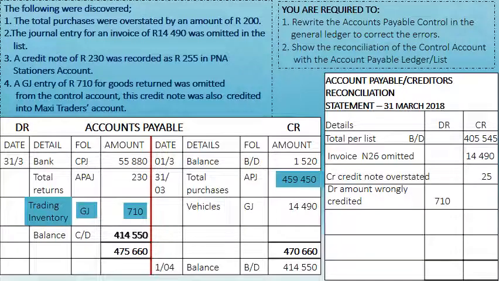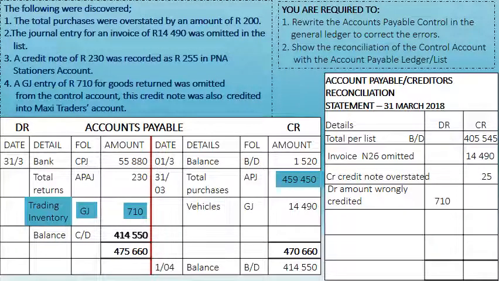The first entry will be to debit amount wrongly credited, and the amount of the credit note was 710. Now this 710 cancels the credit that was made of the same amount. Now this credit note has been cancelled from the books. It's a credit note that must be correctly captured.